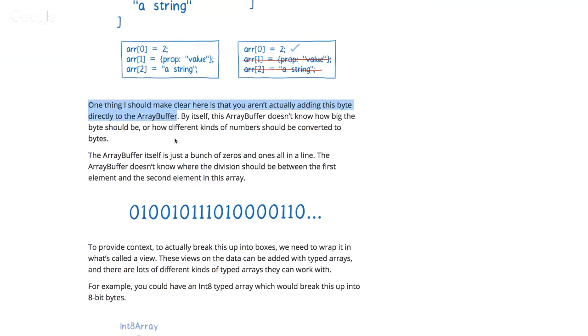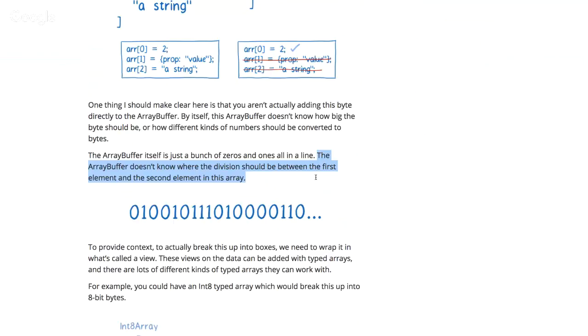The array buffer looks like a bunch of zeros and ones all in one line. It's like a continuous set of binary values. The array buffer doesn't know where the division should be between the first element and the second element, or how big your first element is or how big your second element is.